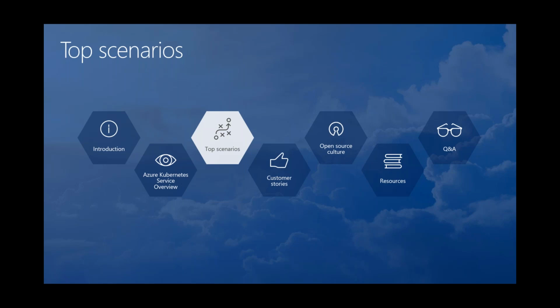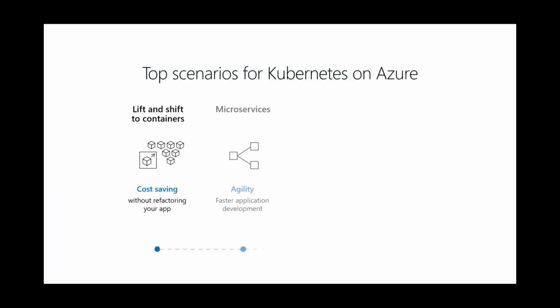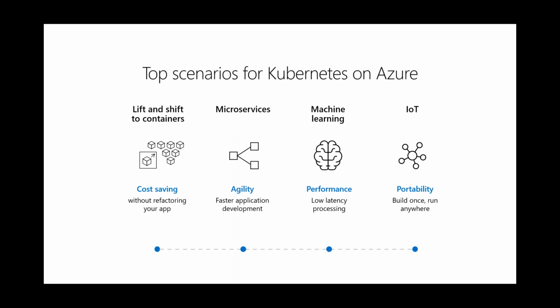All right, cool. So we'll go into some of the top scenarios for Kubernetes. At a high level, you'll see here, lift and shift to containers is an important one, and is what we're seeing a lot of the industries start to approach. This does immediately allow cost savings without having to necessarily refactor your app.